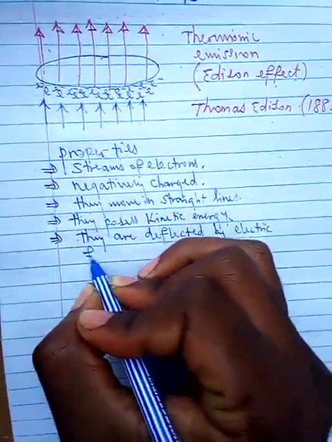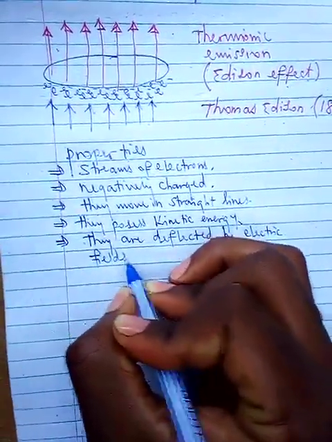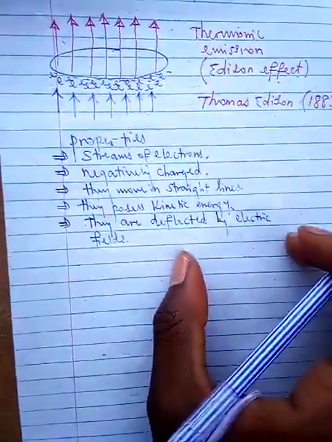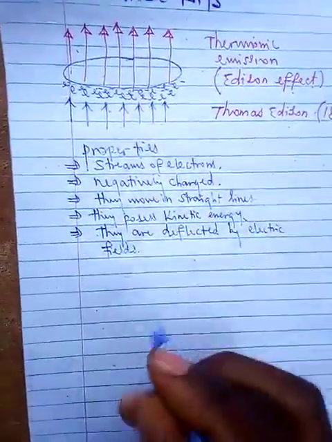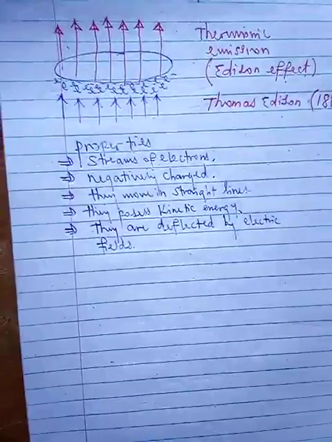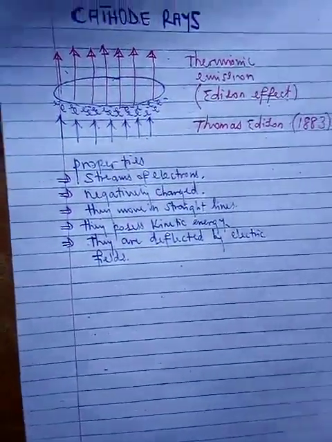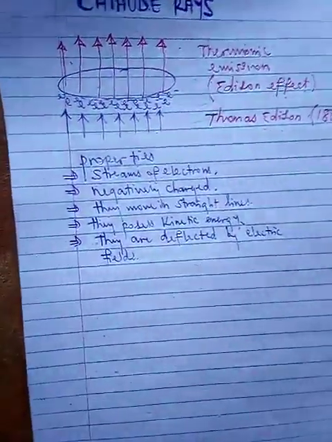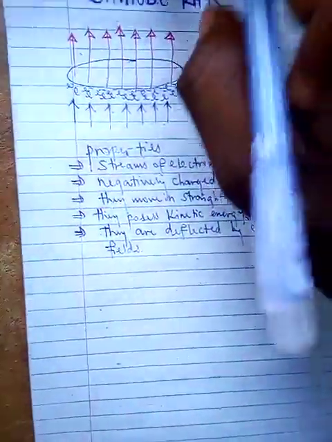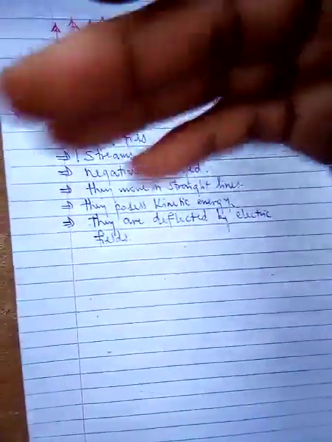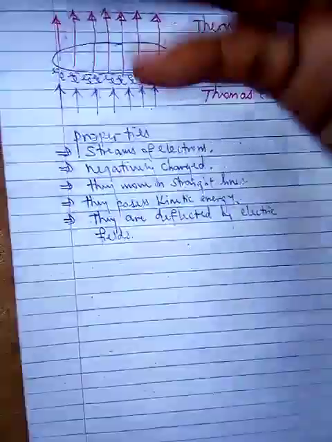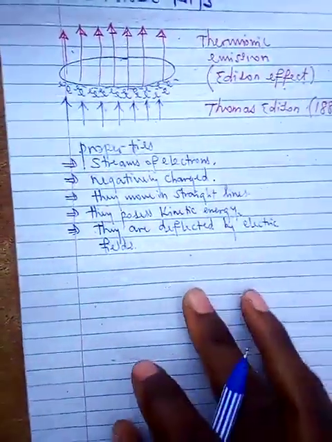But let me put electric fields first. They are deflected by electric fields. Like we had seen, the Y plates were deflecting these cathode rays vertically, while the X plates were deflecting these cathode rays horizontally. So they're deflected by electric fields.